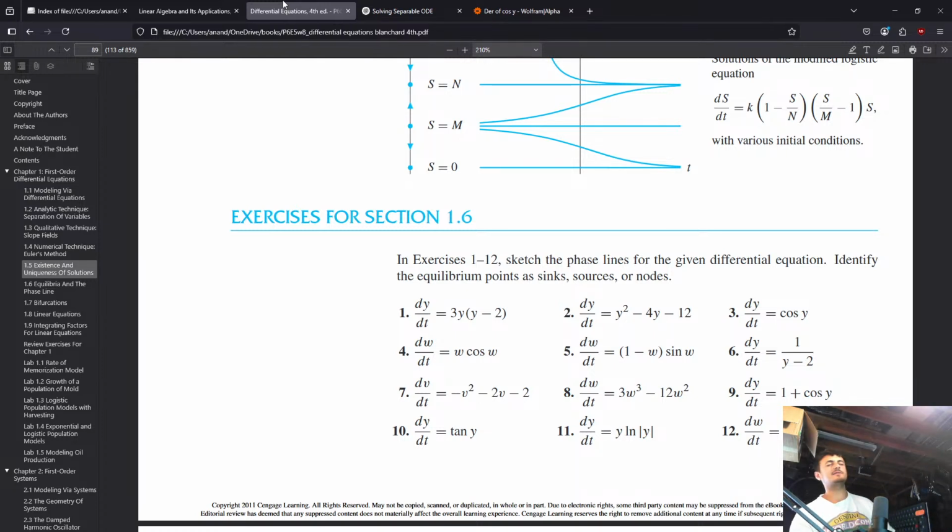So cos y is equal to 0 at pi over 2 and 3 pi over 2, I believe. So plus minus pi over 2.